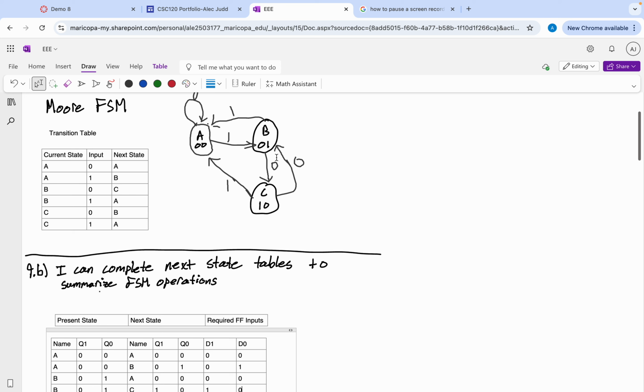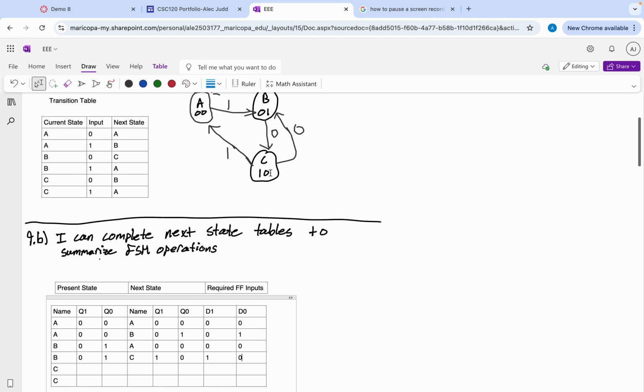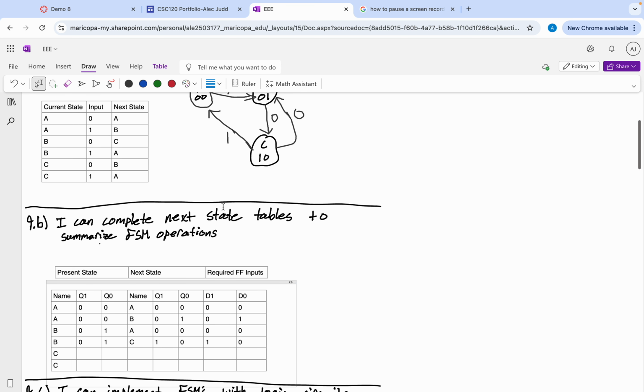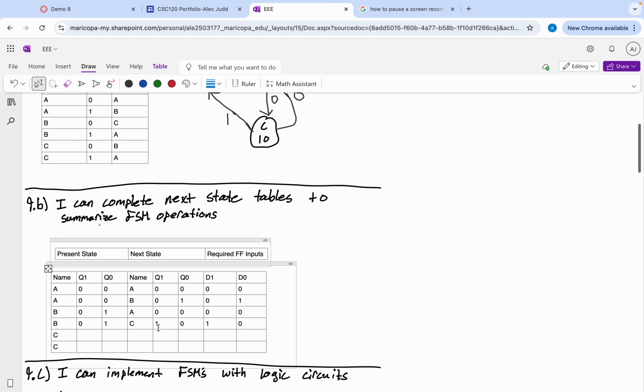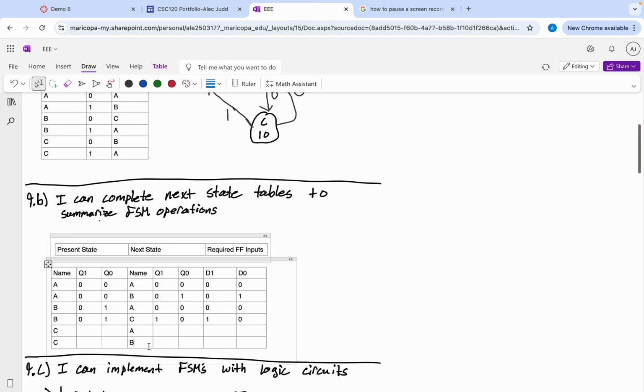So we went from B, now we're in C. C also has two paths. It can go to A or it can go to B. And then it's just a matter of filling in the Q1 and Q0 for each one. So C is 1, 0.